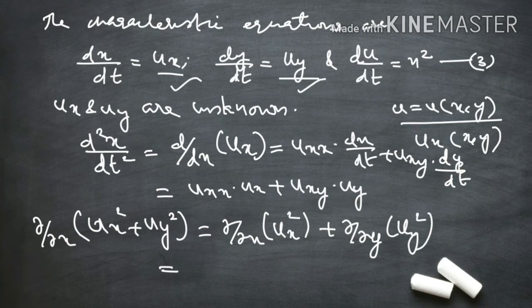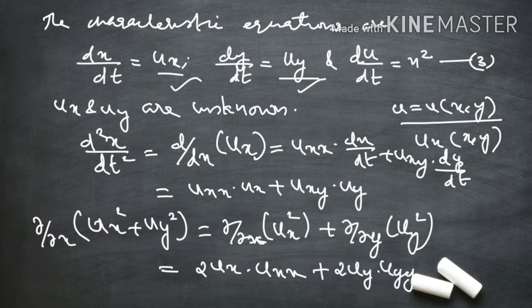Differentiating this, of the form d by dx of x square, it will be 2ux into again ux; we have to apply the chain rule of differentiation, then uxx will be there, plus similarly 2uy into uyx, or this is equal to 2 taking outside, uxx into ux plus uyx into uy.